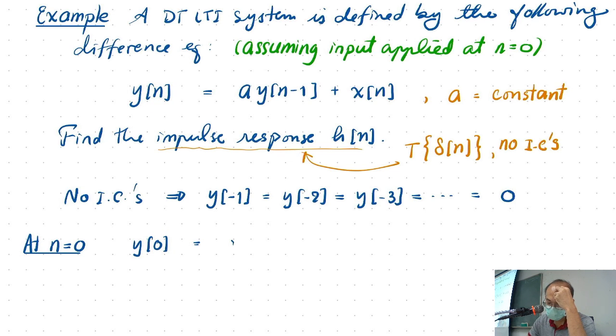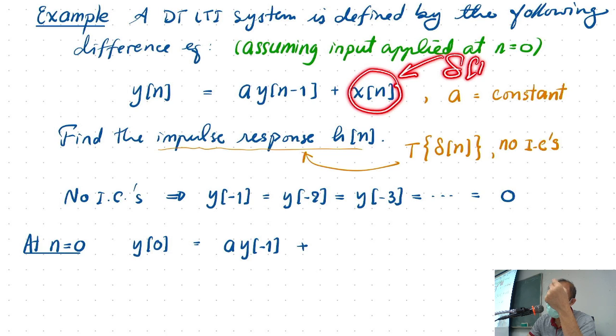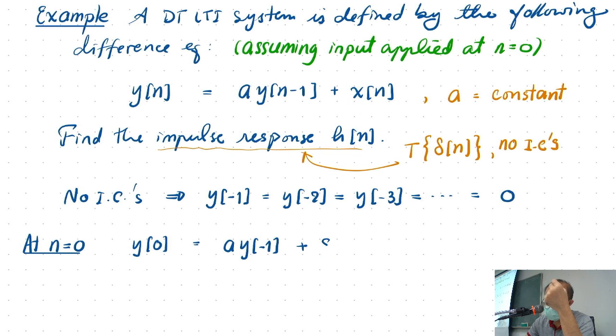And that has to be equal to a times y at minus 1, because when n is equal to 0, the value here would be minus 1, plus x. But we're talking about the unit sample here because we're talking about the impulse response, right? So we need to plug in the unit sample as the input x.